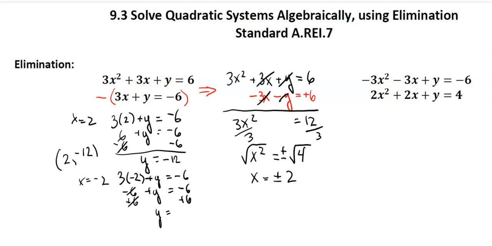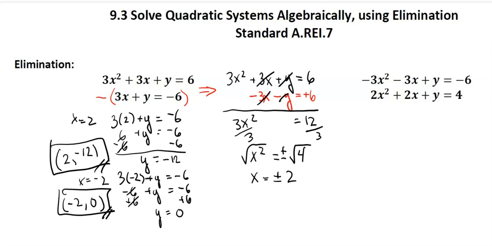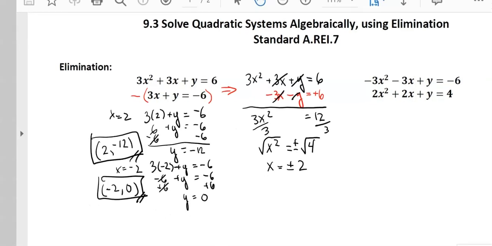And then negative 6 plus 6 is 0, so y equals 0. And so the other solution is negative 2, comma, 0 for y. And so those two ordered pairs are the solution. We look at the next example.